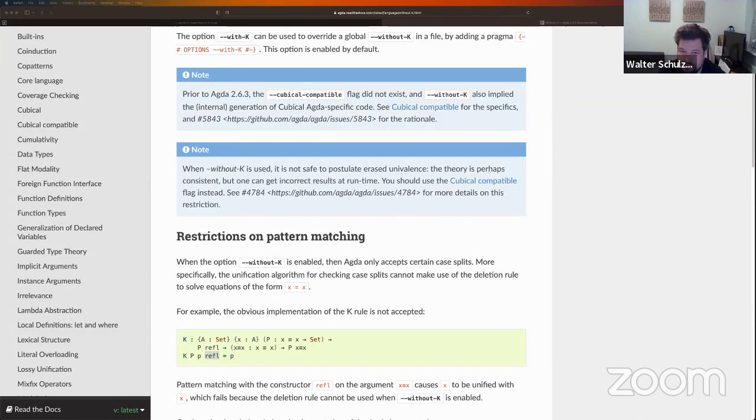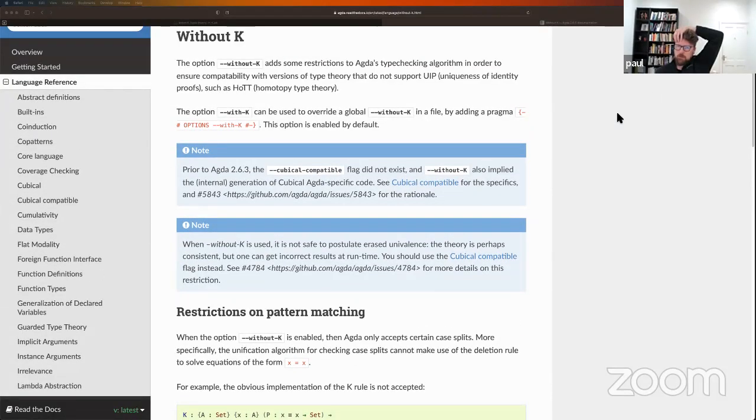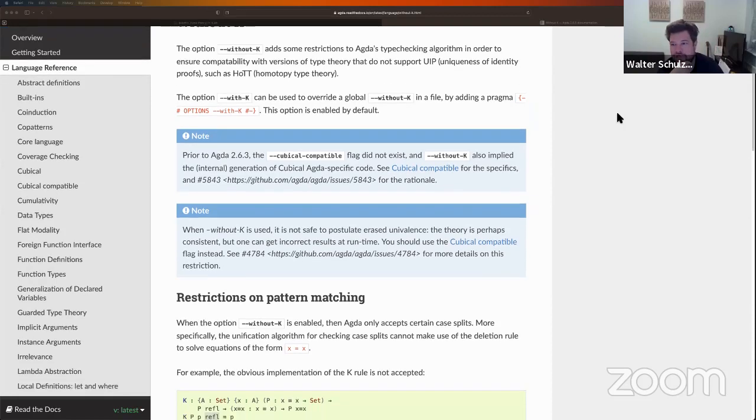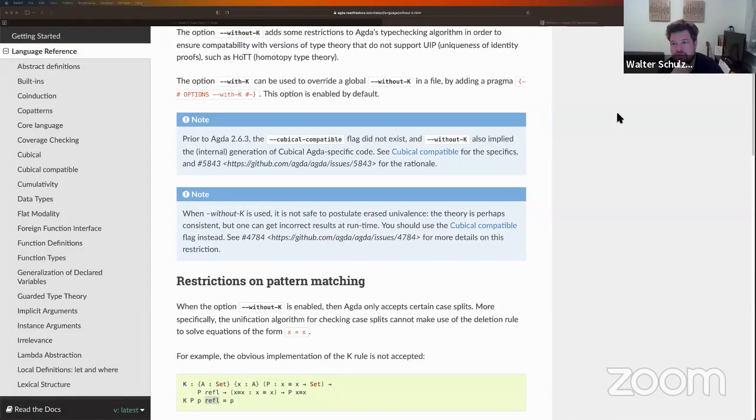So if it's Refl, it has only one constructor. So there's only one way that X equals X could have been constructed. Exactly. And then in homotopy type theory, this is not true. And that's why you cannot pattern match on Refl, because you don't know how it was constructed. Yes. It's not unique. Yeah.